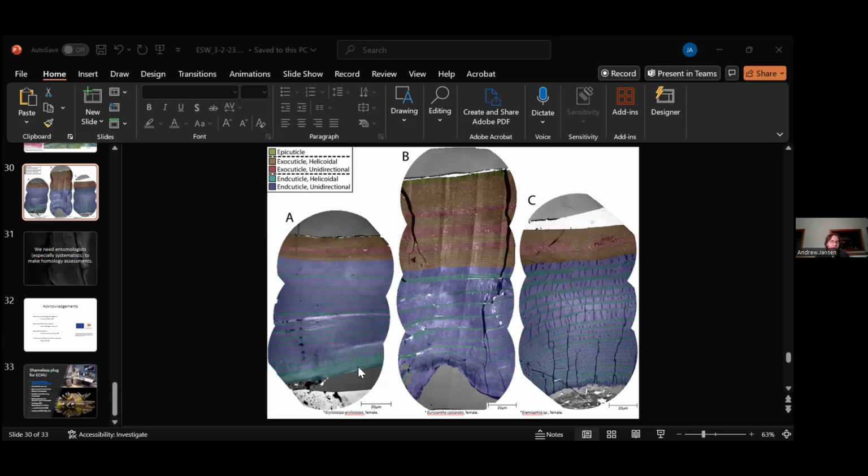Same thing with figure B. So this came from a stick insect. Stick insects are the only organism I've seen that have multiple layers that are unidirectional inside of the exocuticle. All other taxa have a single unidirectional layer.